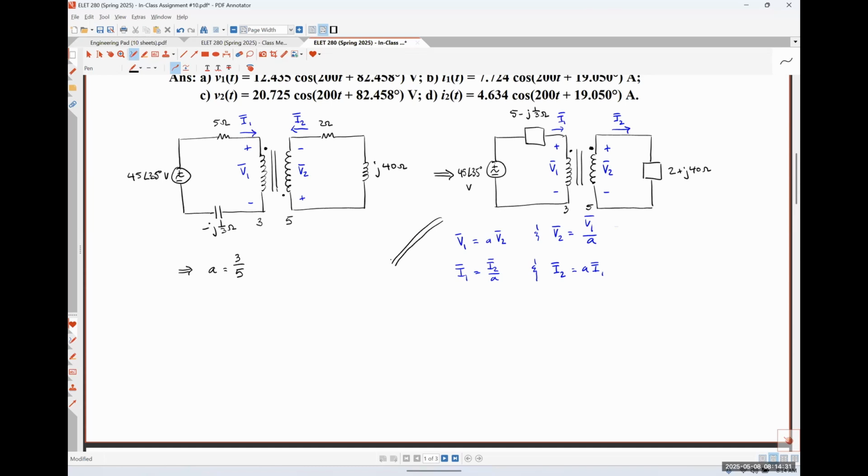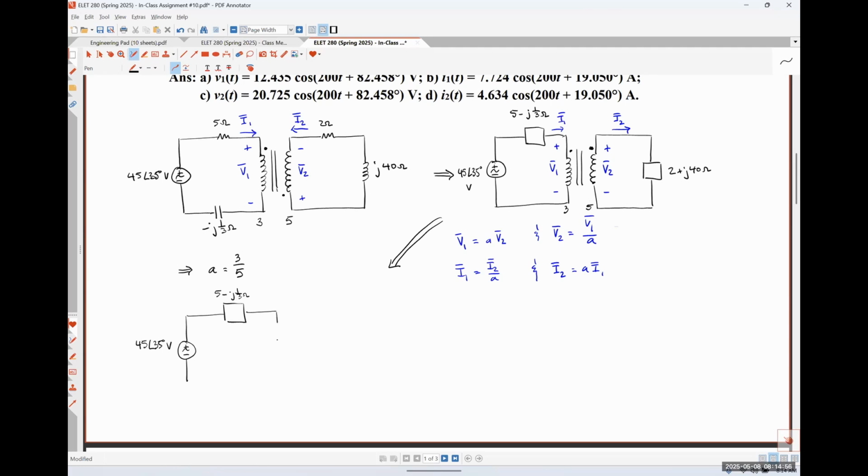coming down here as a third kind of simplification, here's my source voltage, 45 angle 35 degrees volts in series with that 5 minus J 1/3 ohm impedance.